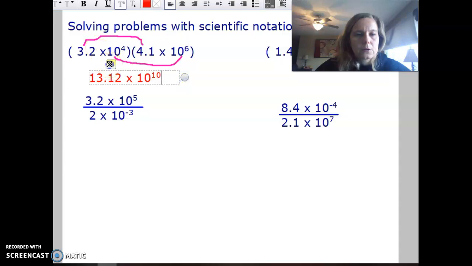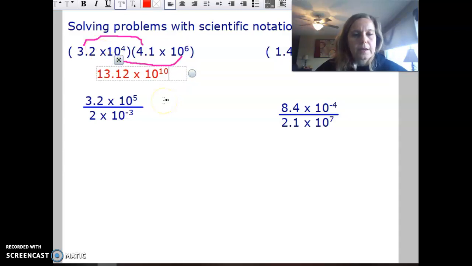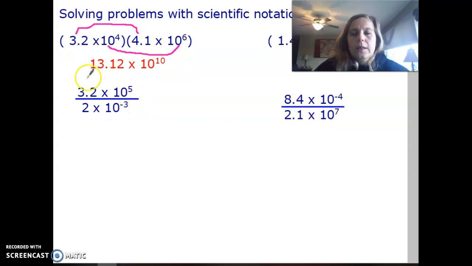All right, so we've done the first part where we combine like terms. Now we have to look at this. Our 13.12 is not proper scientific notation. We have to move this one place to the left.